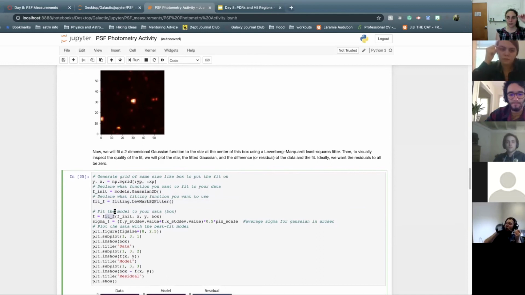Then we can say, use this method for fitting, this least squares model. If you think of a line fit, least squares is when you say I want the square of the distance from the line to be minimized, and that's going to be my ideal fit. So that's the main thing to think about.